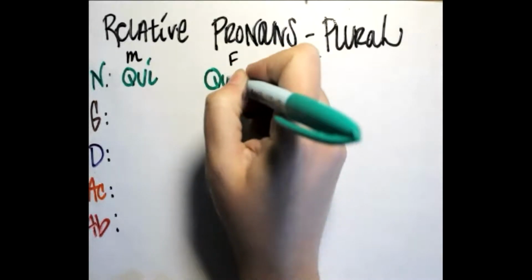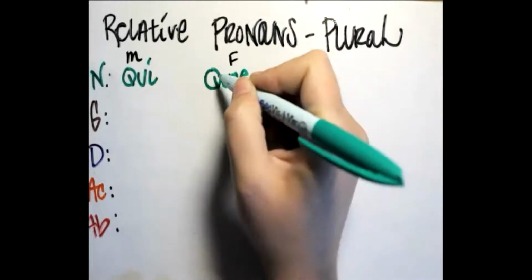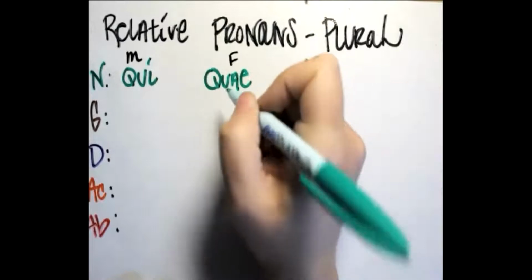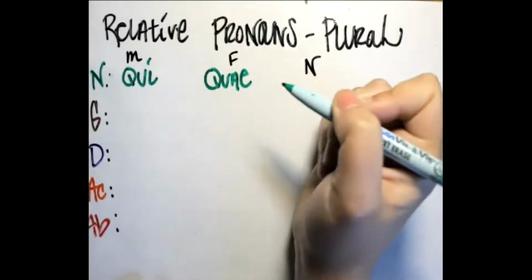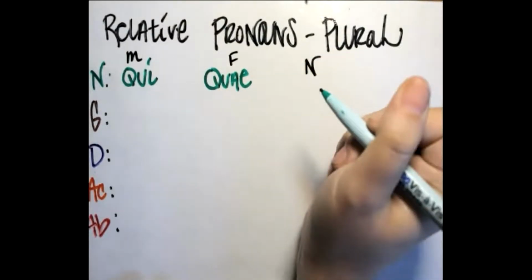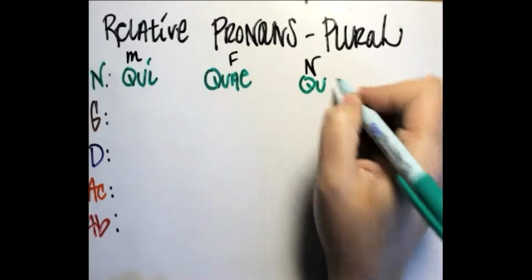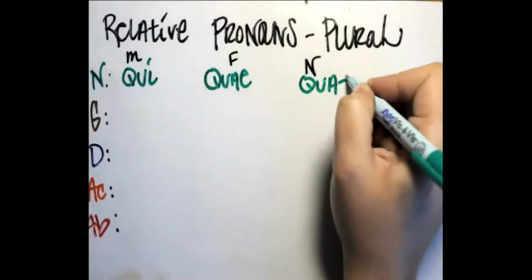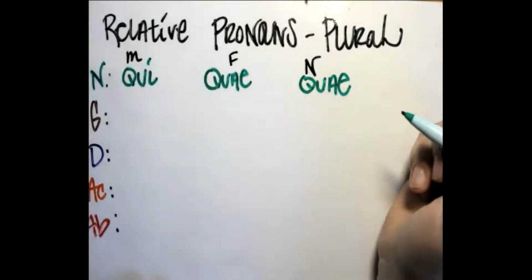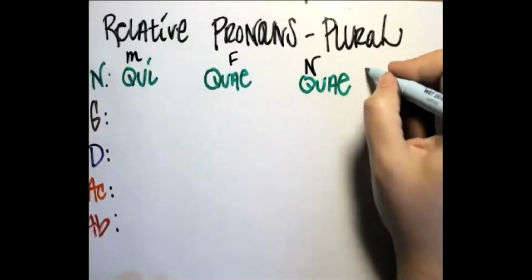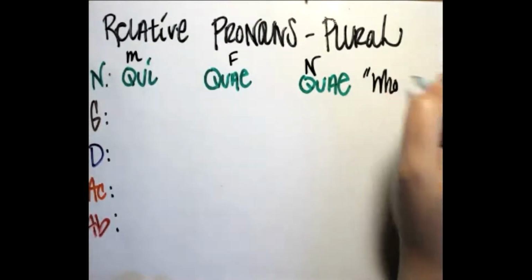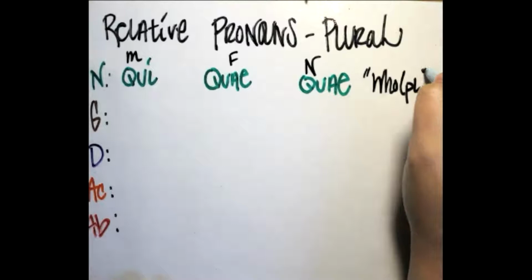And again, the context will be within the sentence or statement itself. So you'll know whether this relative pronoun is singular or plural. And then the neuter, as a neuter often does, has a feminine appearing form. So this is who, but plural.